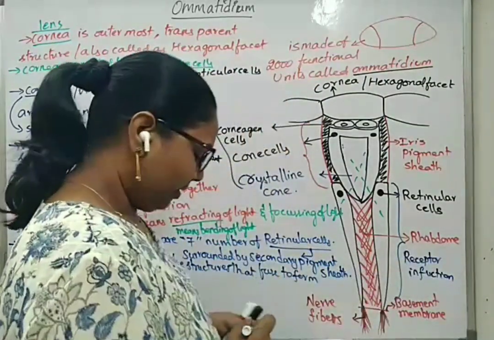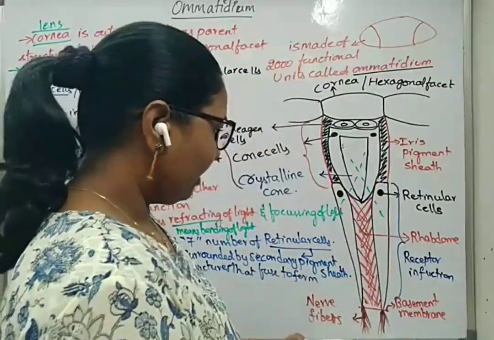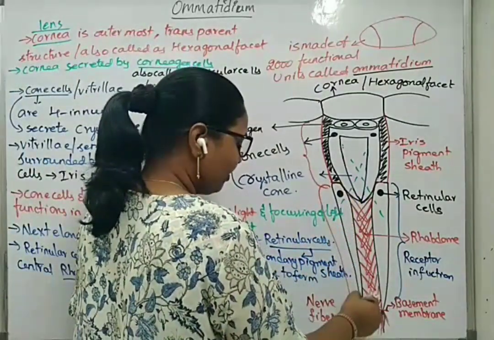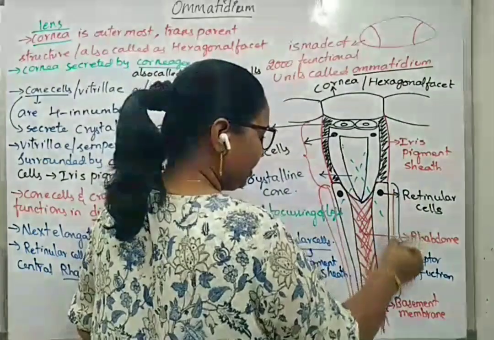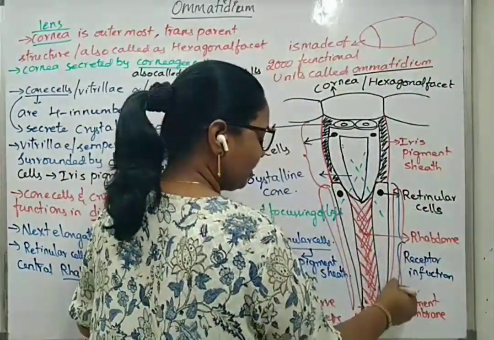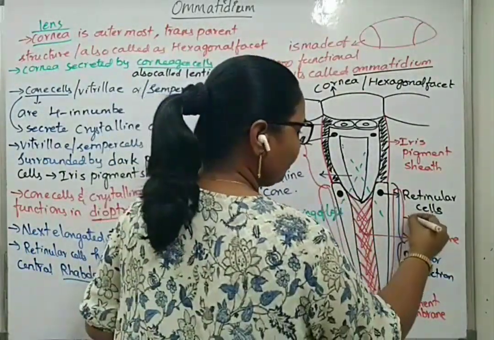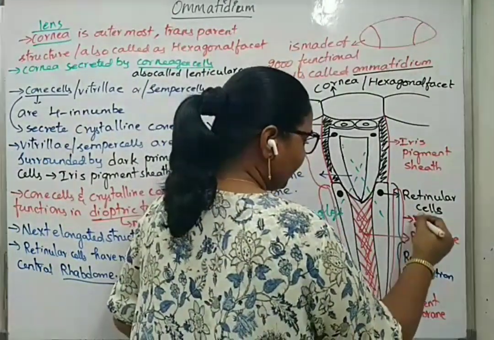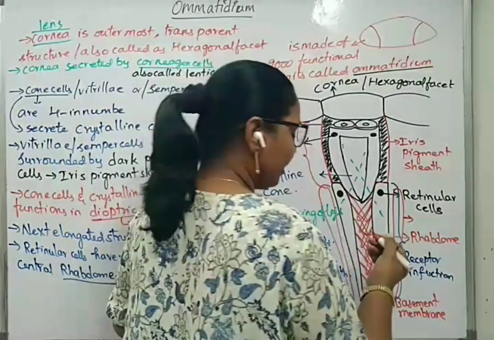Because here, around the retinular cells, there are some special photoreceptor containing cells. This one. These are called secondary pigment cells, or also called retinal pigment cells.